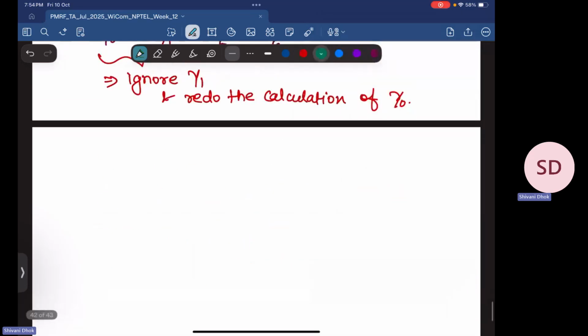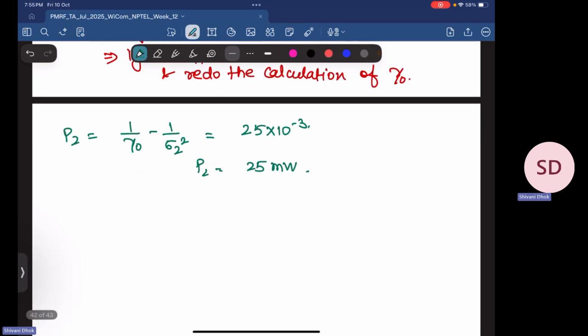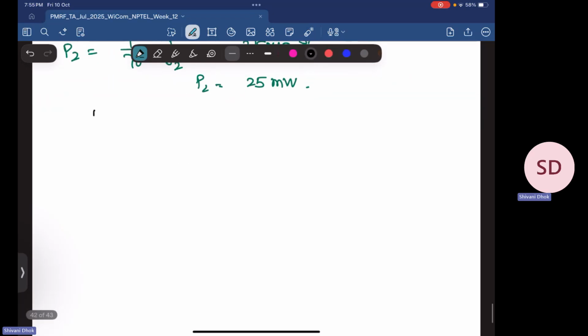So now your 1 by gamma naught minus 1 by sigma 2 square is equal to 25 into 10 raised to minus 3. And this is essentially your P2, which means that your P2 is now equal to 25 milliwatts, and you are allocating the entire power to your second eigenvalue, the first eigenvalue.